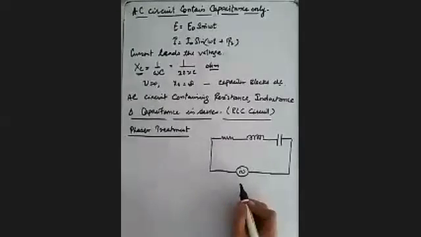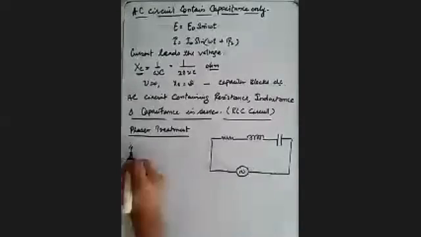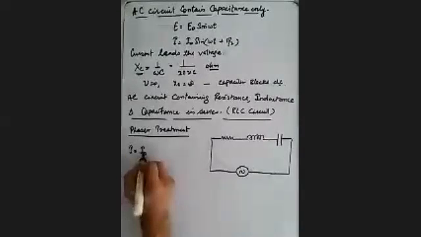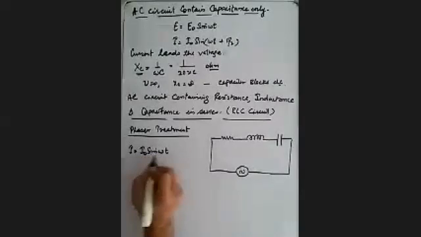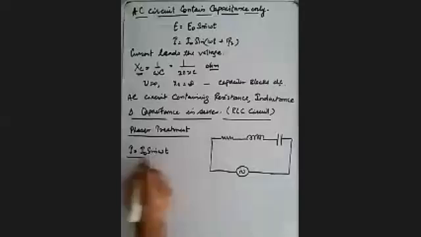And when all are connected in series, the current flowing through all these elements is the same, in magnitude as well as in phase. The current at any instant is I equal to I naught sine omega t. That is the current at any instant of time t. I naught is the peak value.